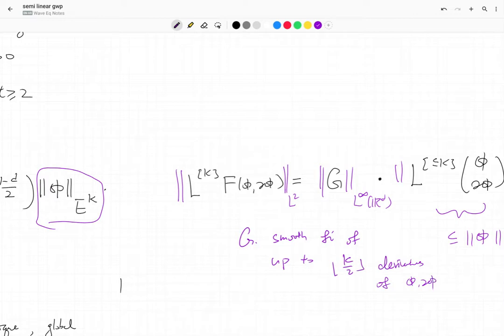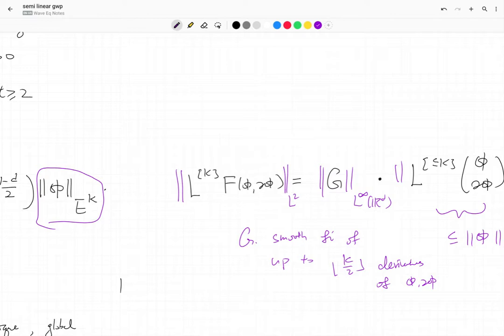So basically, if g is a smooth function of up to its different derivatives, we can take its argument, plug the argument into some norm, and then we can say g is bounded by some increasing function of this norm. And that's what we have.